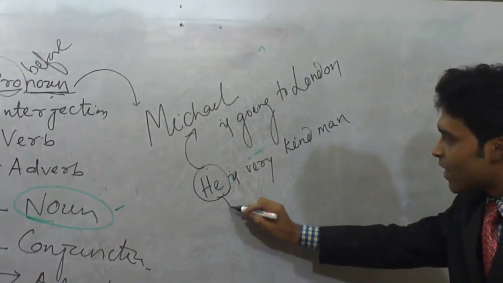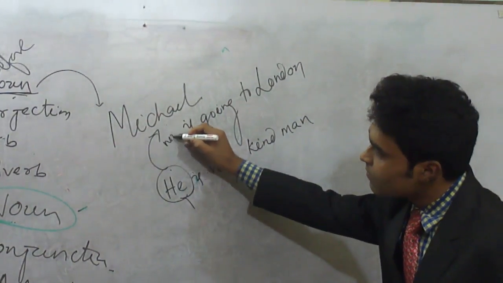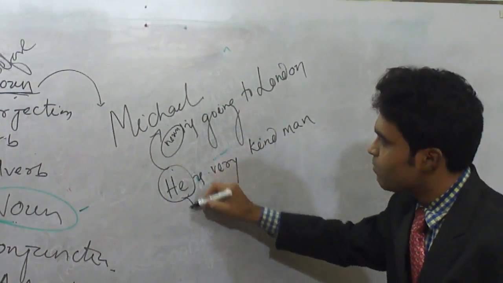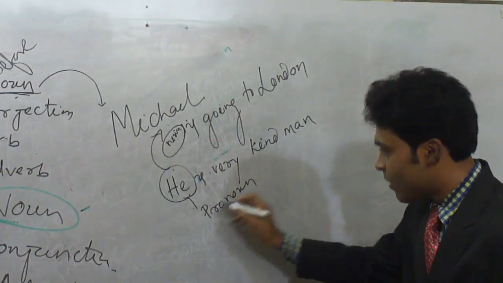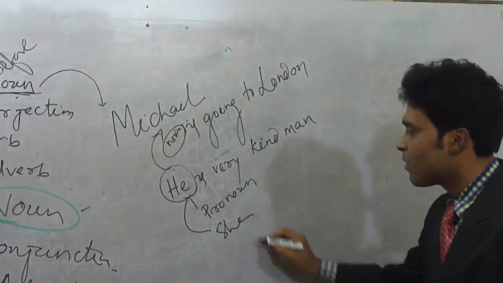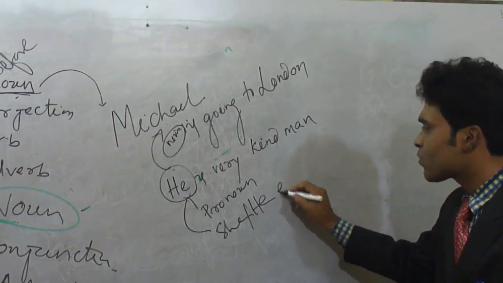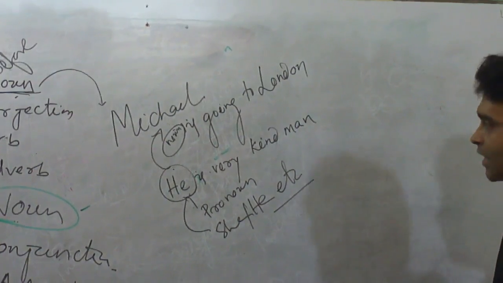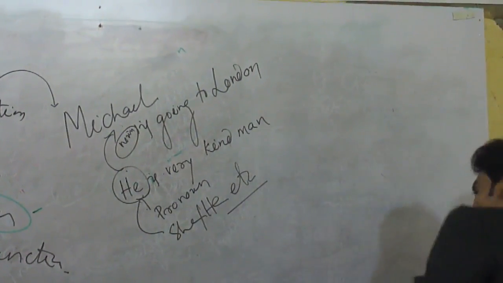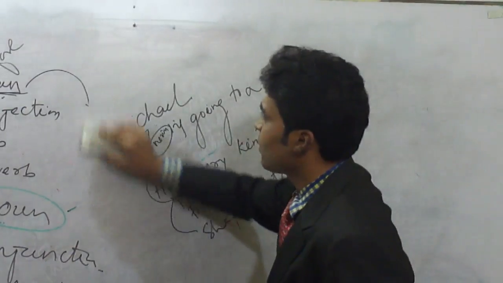That's why this is before noun, so we call this he a pronoun. For example, she is also a pronoun, and he is a pronoun. There are so many pronouns you can use instead of a noun.